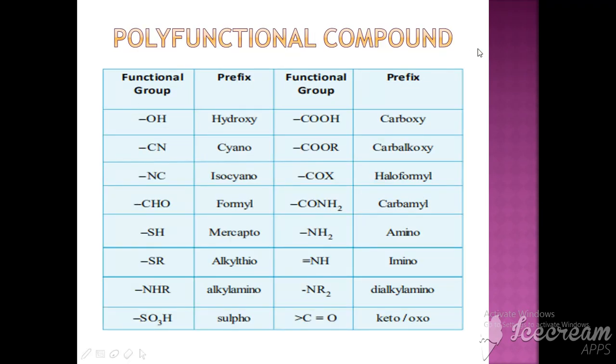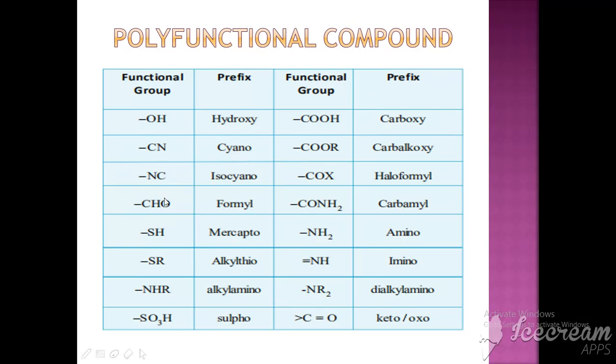Now we are going to study polyfunctional compounds. Polyfunctional compounds are those compounds which are listed in front of you. For example, the functional group OH is also known as hydroxyl, or the functional group COOH is also known as carboxyl. And similarly all are listed in front of you. CN is also known as cyano and NC is known as isocyanide.